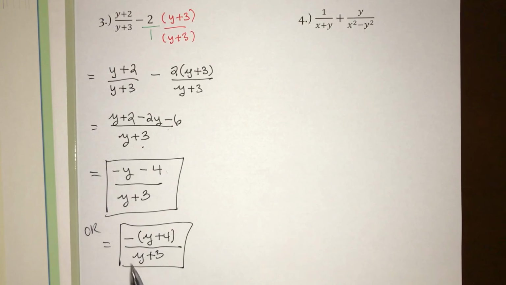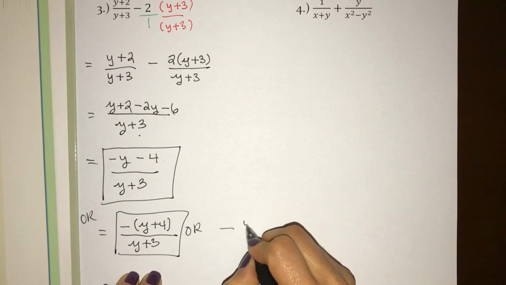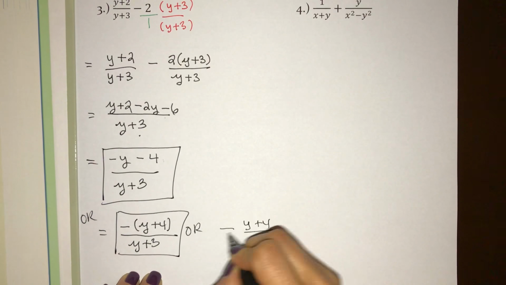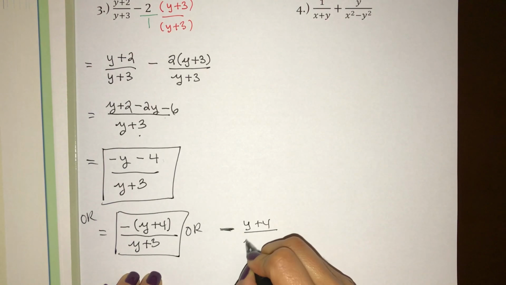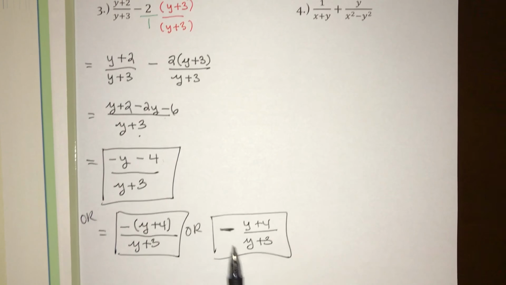You can also take that negative and put it in the middle of the fraction. So really quickly, we can also write it this way, in which case we do not need parentheses because the negative is in the middle. You can also take this negative and apply it to the denominator, and in which case, if you do that, you need parentheses around y plus 3.